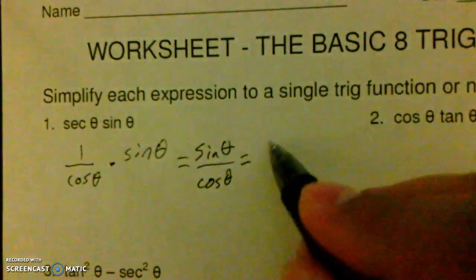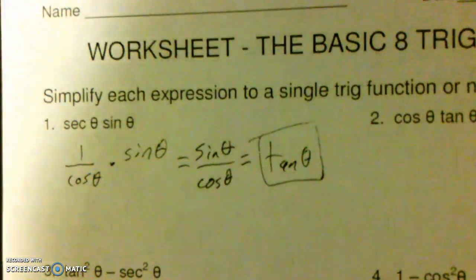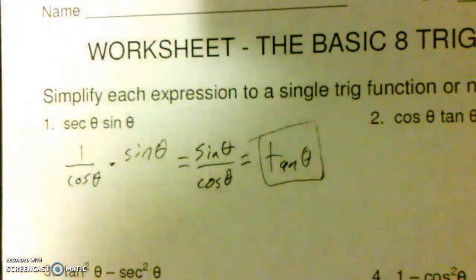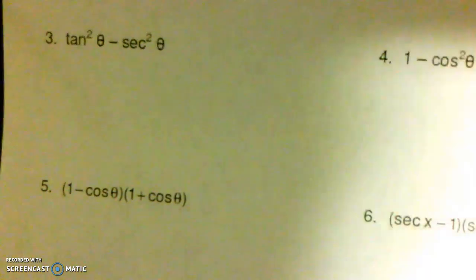And there we go. We took that nasty thing, secant sine, and realized that it was actually just tangent. That's basically what you're going to be doing, taking these expressions and simplifying them to a single term usually.